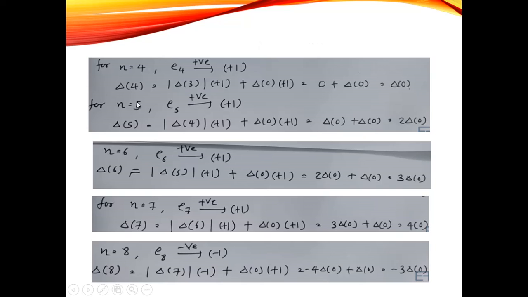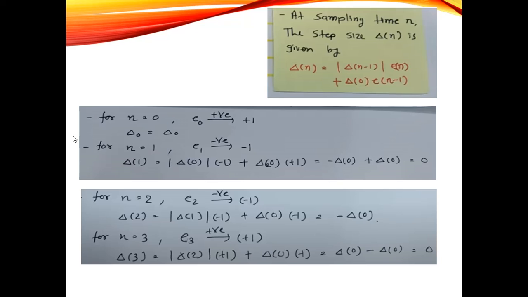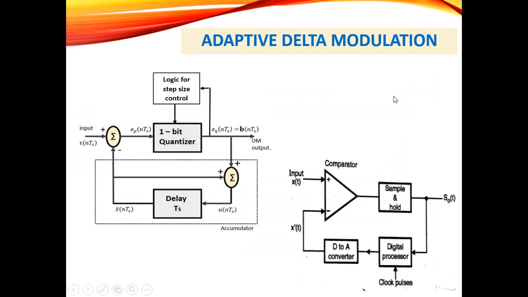It depends on the quantizer output, and generally the step size increases during the steep segments of the input and decreases when the modulator is quantizing a slowly changing x of t. This is the basic principle of ADM. Taking the basic formula for the step size, delta of n is equal to the modulus of delta n minus 1 times e of n plus delta 0 times e of n minus 1.